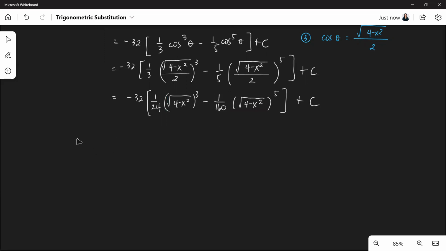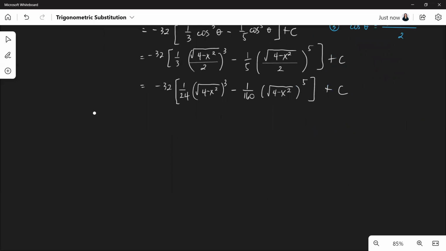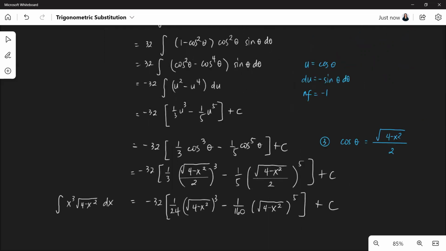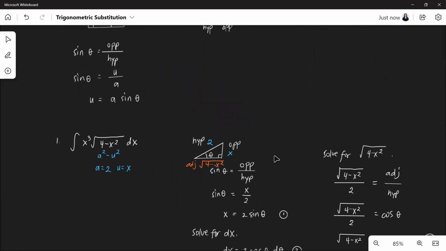So you need to restore the original variable. So this is the answer for the integral of x cubed square root of 4 minus x squared dx. So that's for case number 1.